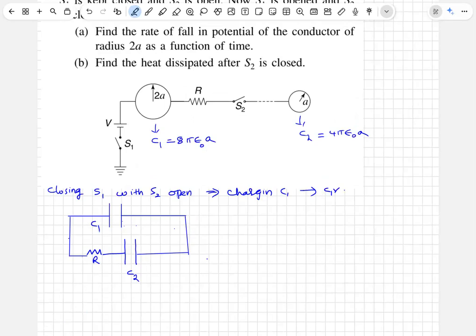Now, I'm assuming at an instant Q charge is flowing. Here it is Q minus q. Any doubt till this point? Play rule. R plus zero.